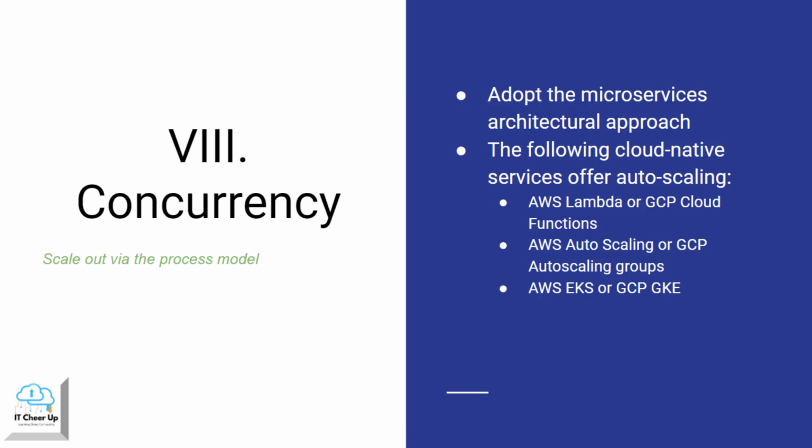It makes the applications easier to scale and faster to develop, enabling innovation and accelerating time to market for new features. The following cloud-native services offer auto-scaling: AWS Lambda or GCP Cloud Functions, AWS Auto Scaling or GCP Auto Scaling groups, AWS EKS or GCP GKE.